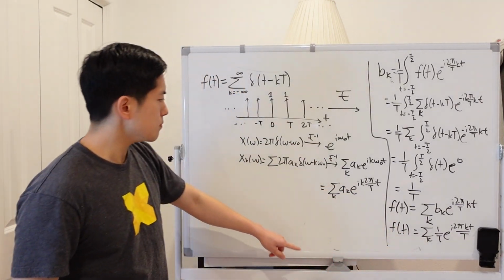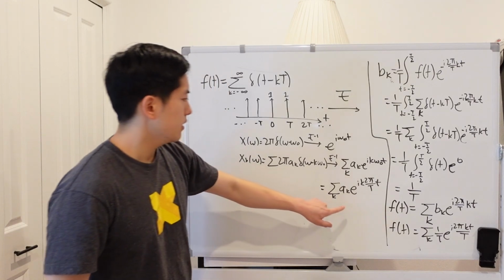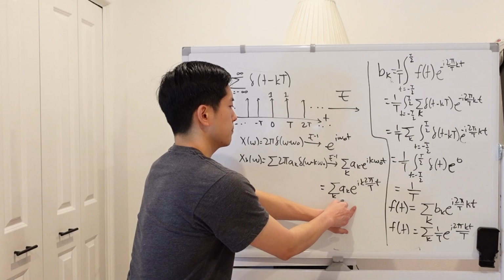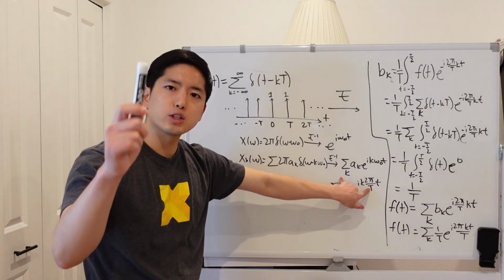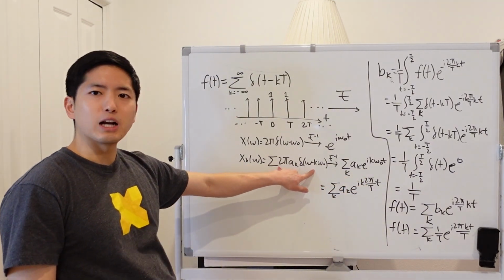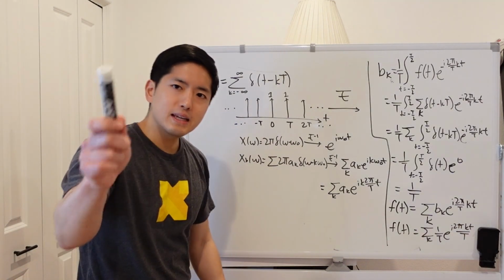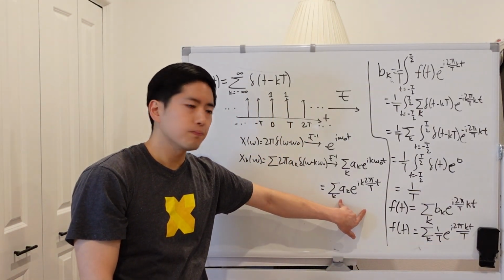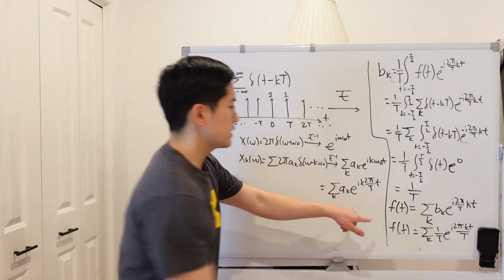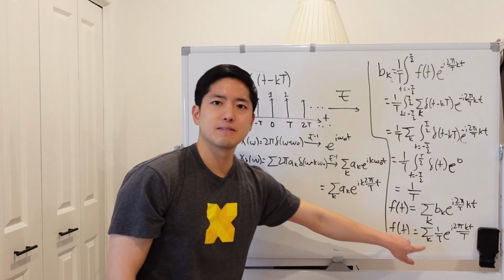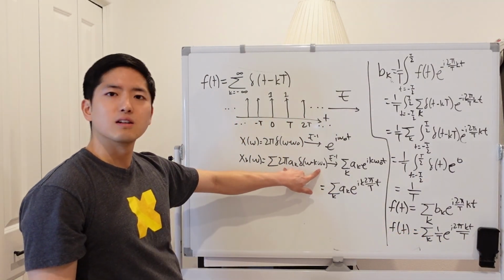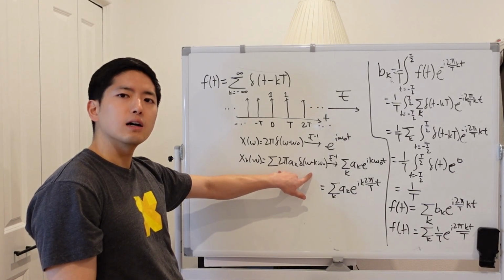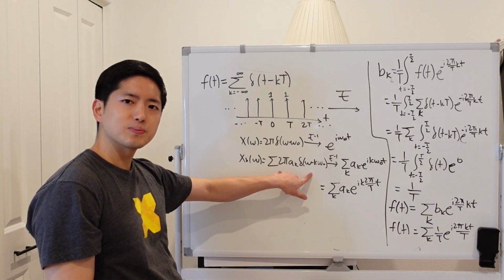But now we see that this here, which pattern matches to this expression, is the inverse Fourier transform of this expression. Which means that if we match these two to be equal, the Fourier transform of this expression f of t is equal to this here, this summation of scaled shifted impulses.